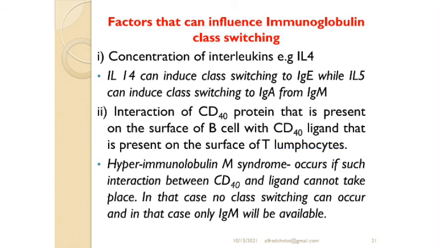Hyper-immunoglobulin M syndrome is going to occur if such interaction between the CD40 and the CD40 ligand cannot take place. In that case, no class switching can occur, and only immunoglobulin M will be available. So those are the two factors that influence or affect immunoglobulin class switching.